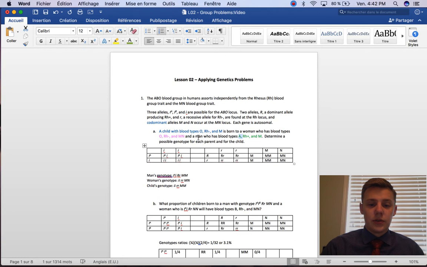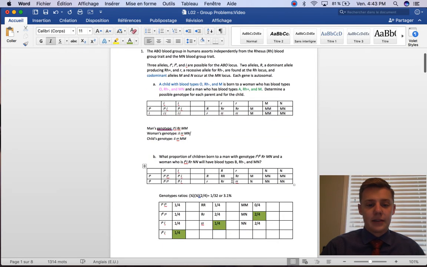So if we want a child with this, the father's genotype has to be a heterozygous A, as well as a heterozygous R. And for the MN, we know that the father's type is homozygous M and the mom's is MN, so we do have that possibility. And so here are the genotypes for each of the parents as well as the child.